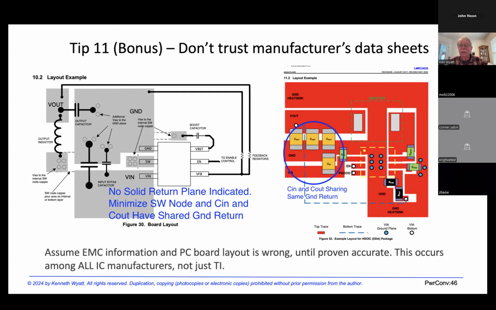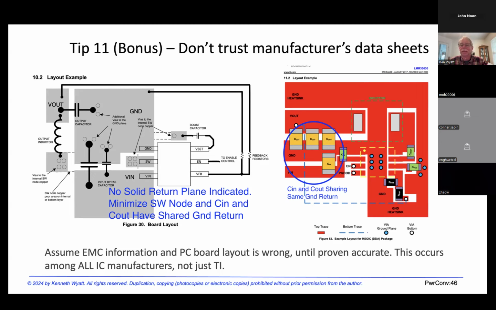Now on the right side, the switch node is small enough, so that's not a problem. But I've circled an area where it's even more egregious, where the input and output capacitors are sharing the same ground path. Basically, in other words, they're coupled together.